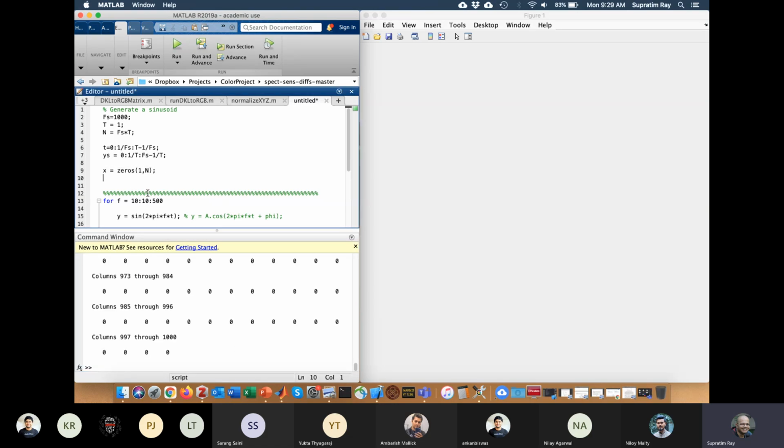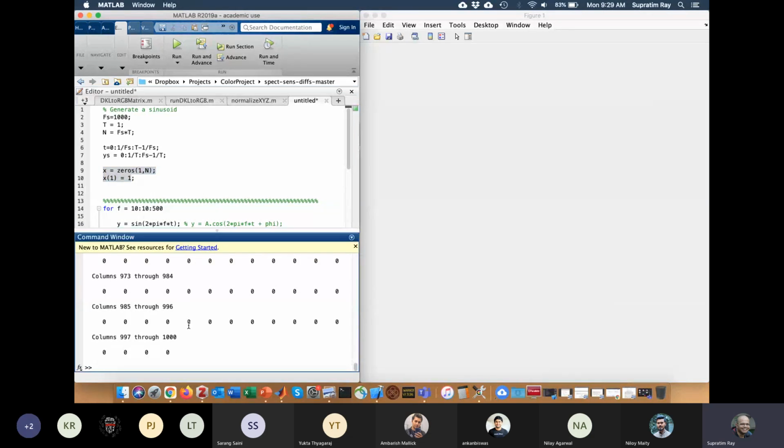The Fourier transform of this signal is going to be zero, right? Because the signal is zero everywhere. If you remember the formula, it's x times e to the power minus j whatever. So if x is zero, everything is zero. But I'm going to say now that the first element is 1. So the first element is 1, everything else is 0.